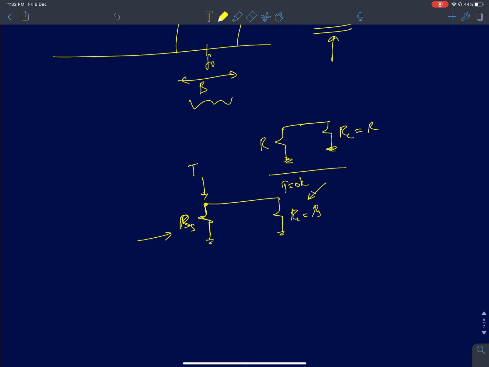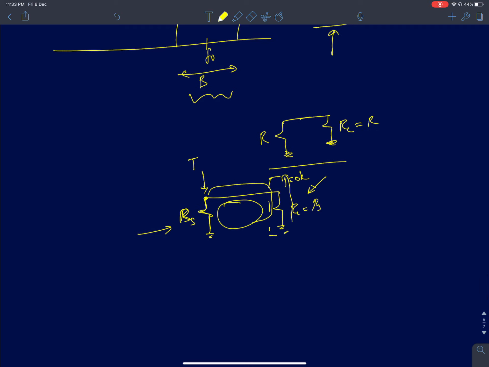Now, because of the temperature difference, these electrons would move towards the other resistor. But I'm going to keep this constantly at 0 Kelvin. So therefore, the electrons would keep on constantly moving in this direction. That way you can see that this resistance is actually delivering power to this one. Because in the previous derivation, I assumed that the other resistance RL is noiseless. So here, when I assume T equals 0 Kelvin, the resistance RL is noiseless.